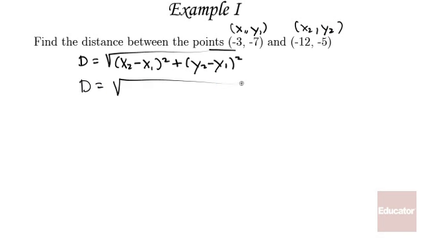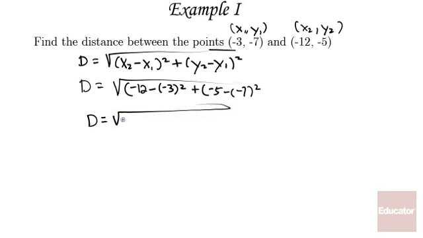Okay. D equals x2, which is negative 12, minus x1, which is negative 3, squared, plus y2, which is negative 5, minus y1, which is negative 7, squared. So I have negative 12 minus negative 3.